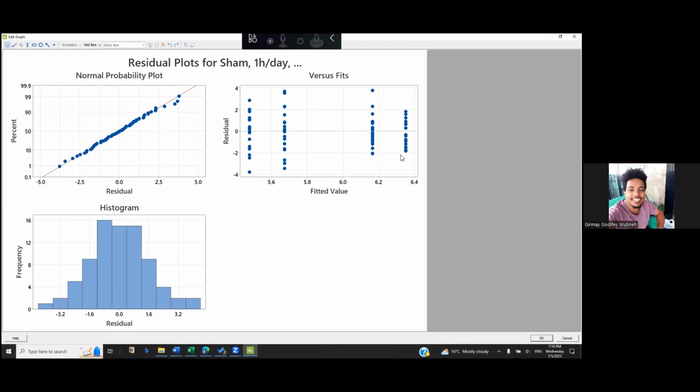We conclude the normal probability plot fits, and the histogram gives a similar conclusion.